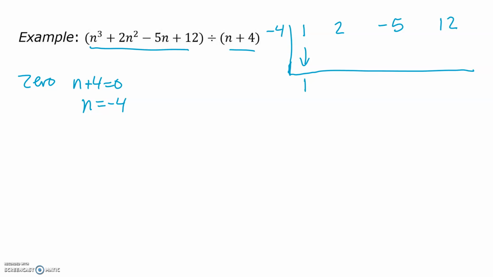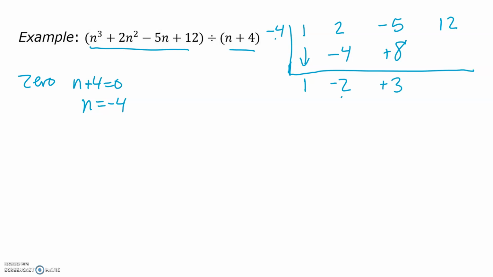Then we're going to multiply negative 4 times 1, which gives me negative 4. Combine those terms, so 2 minus 4 gives us negative 2. Negative 4 times negative 2 is going to give us a positive 8. Combining those terms would give us a positive 3.